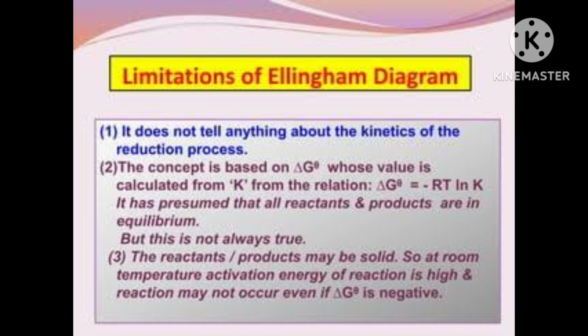I am telling you, it indicates only the tendency, whether reduction will take place or not. This is so because it is based only on the thermodynamic concept. This prediction is based on the thermodynamic concept.